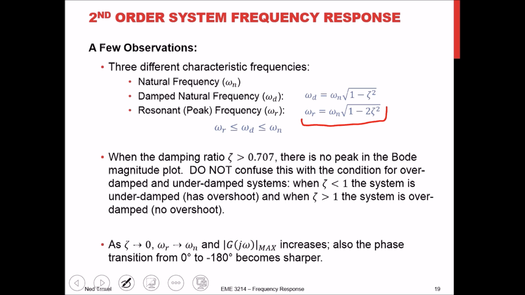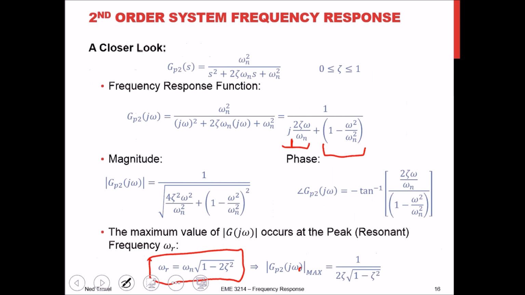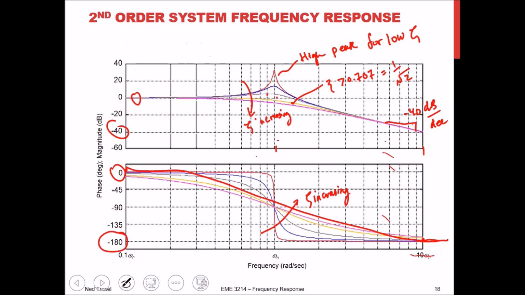All right. Do not confuse not having a peak in the Bode magnitude plot with having an overdamped system. Okay. All of these systems were for zeta less than 1. Okay. All of these systems will display overshoot in their step responses.